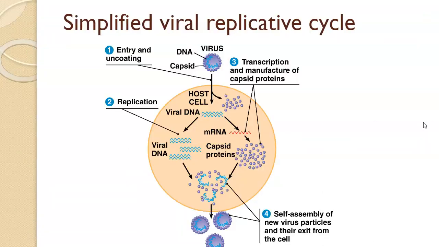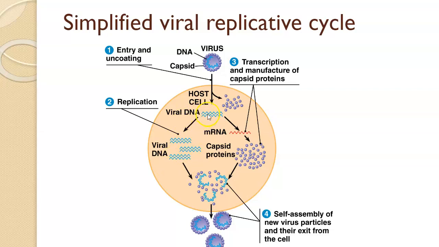So what happens when a virus infects a cell? Initially, there is entry and uncoating. So the virus might go into the host cell or just inject its DNA of some kind. But essentially, you get the viral DNA. And the viral DNA is now going to replicate. It's going to copy, copy, copy, copy.